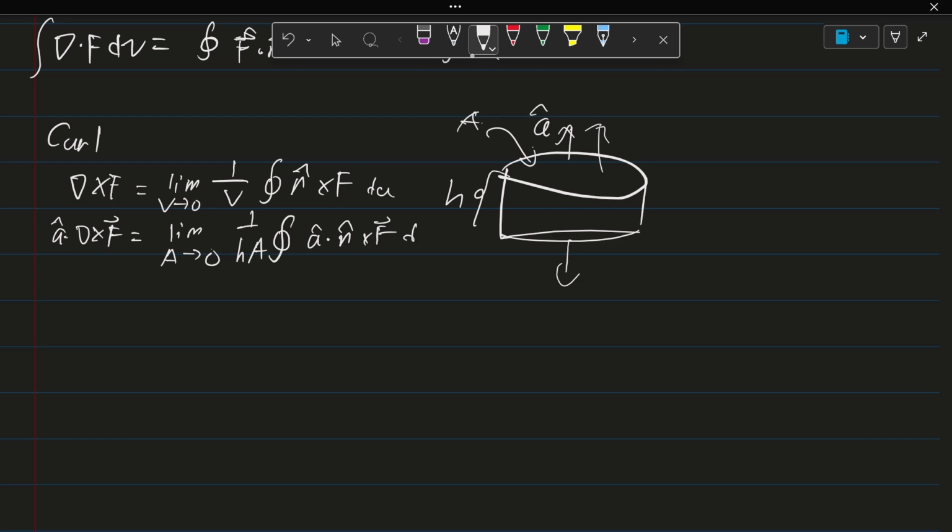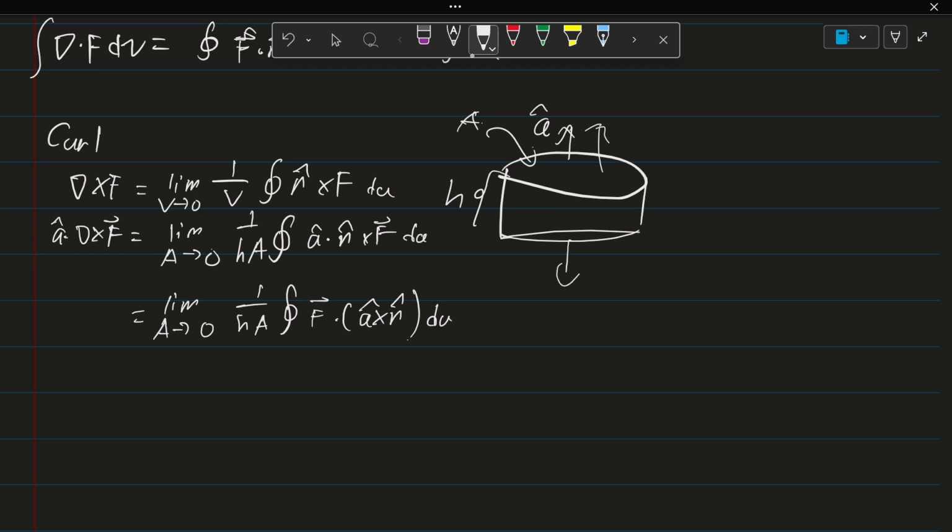Now we could re-express this further just by using the property of the triple scalar product, in which this will become F vector dot A cross n dA. So what's A cross n? At the top surface, this would just become 0 because A and n are parallel to each other, or anti-parallel.